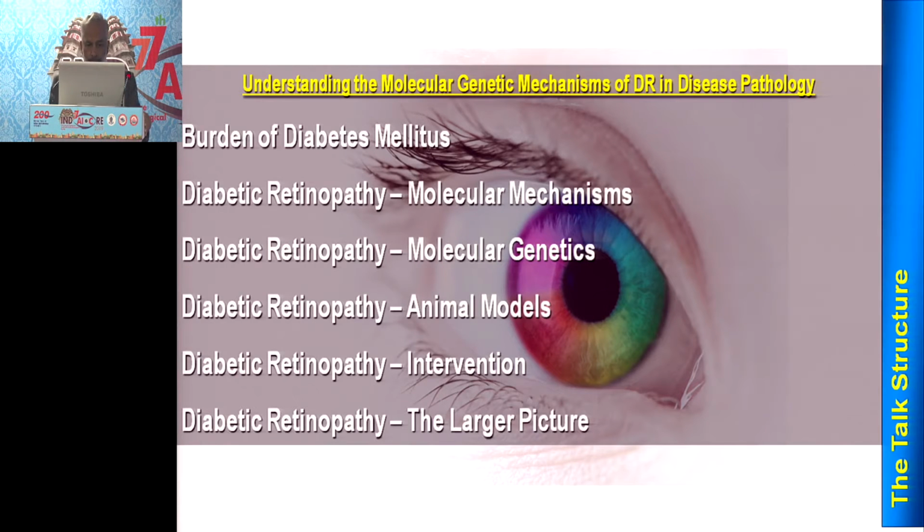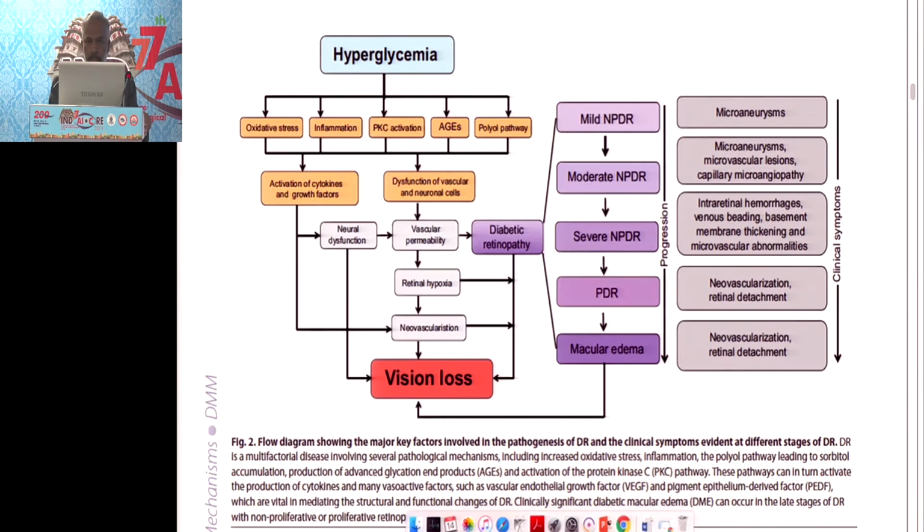Moving on to the molecular mechanisms of diabetic retinopathy, it's a very complicated process, and as you can see here, there are key mechanisms like oxidative stress, inflammation, protein kinase C activation, advanced glycation end products, and the polyol pathway.